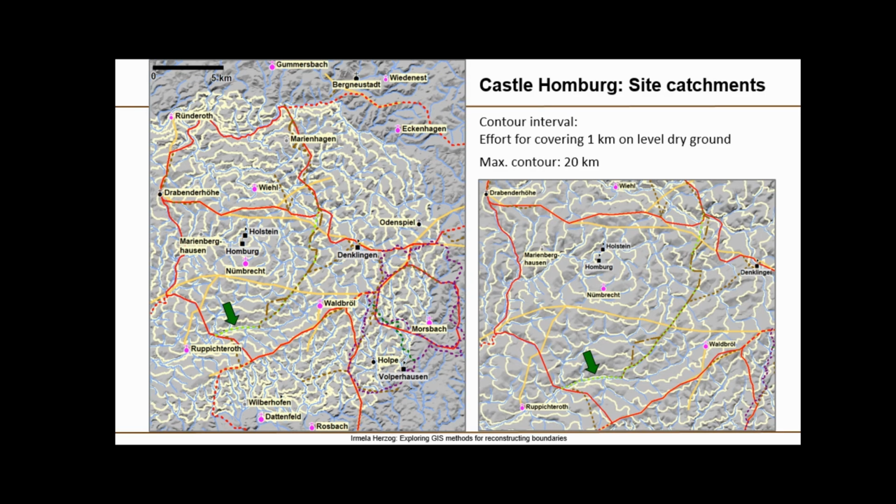So one other approach I took is looking at site catchments and comparing the site catchment for a castle, which is very central and important in this area, with the boundaries. And there, well, it doesn't coincide very well, although I put a green arrow there.